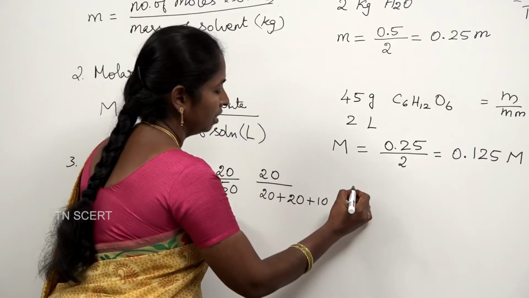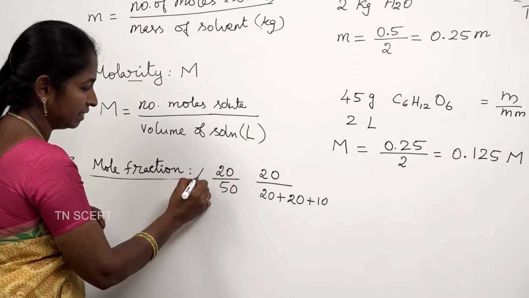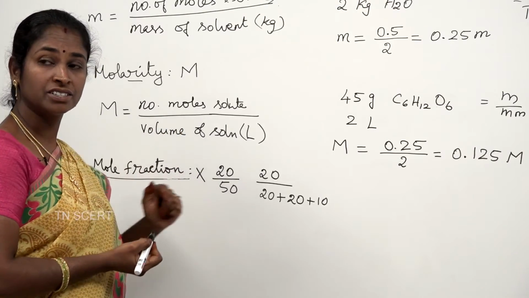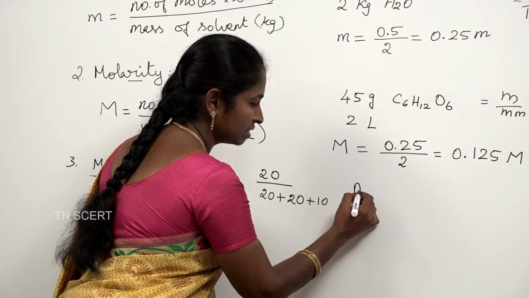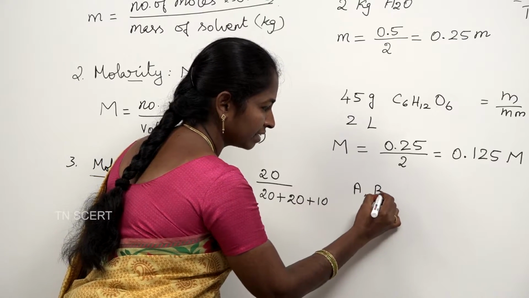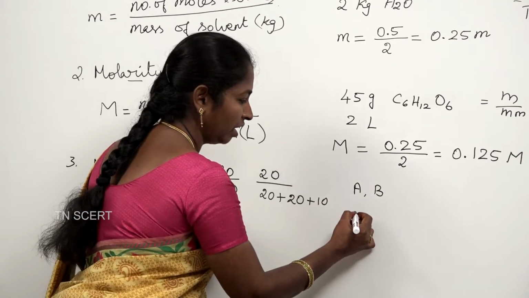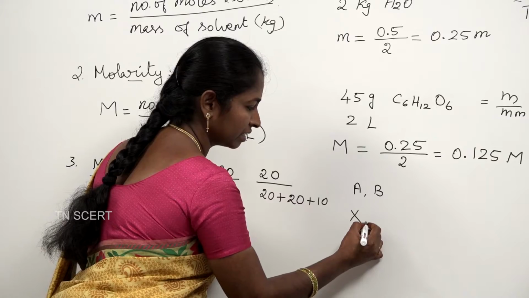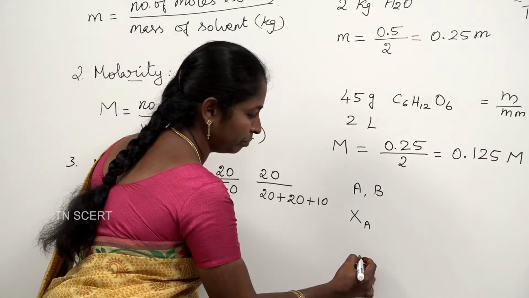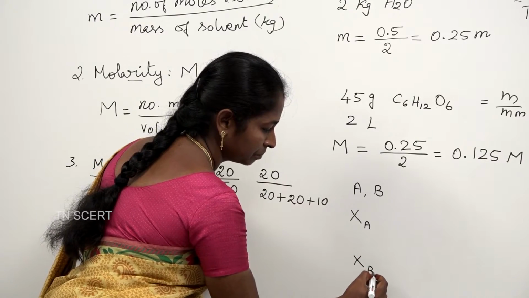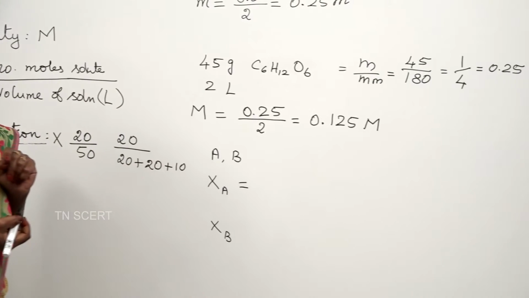The mole fraction is denoted by the letter x. If a solution contains A and B as the components, the mole fraction of A is denoted by XA and the mole fraction of B is denoted by XB. This XA is equal to what?